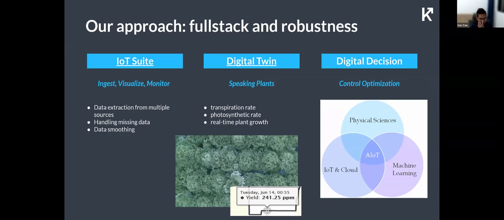So this is the main slide that captures the spirit of this talk. Lessons learned. One key lesson learned is that we focus on the full stack and on the safety and the robustness of our pipeline.